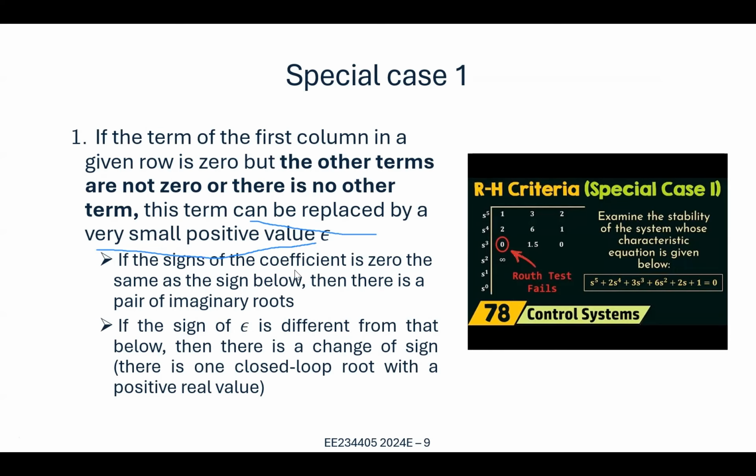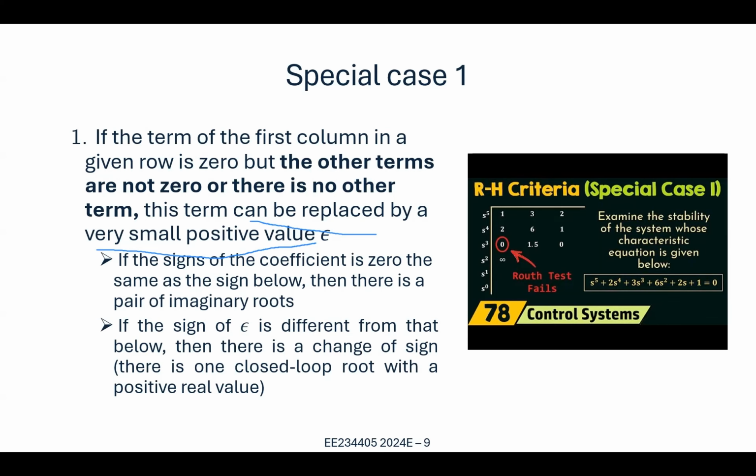If the sign of the coefficient is 0, then there is a pair of imaginary roots. And if the sign of epsilon is different from the sign below, then there is a change of sign, or there is one closed loop root with a positive real value. So that's the first special case of this Routh criterion.